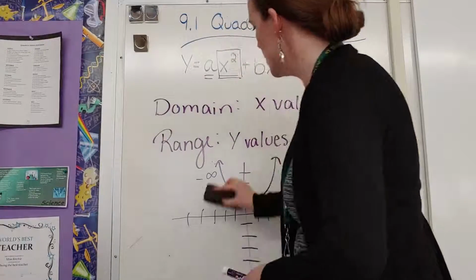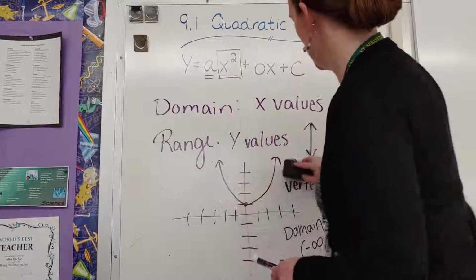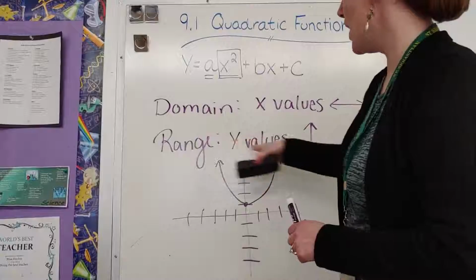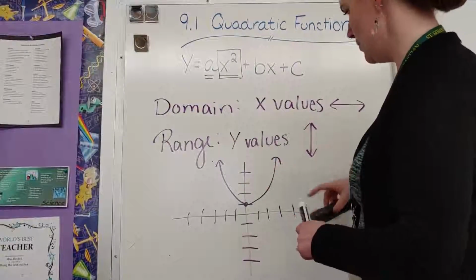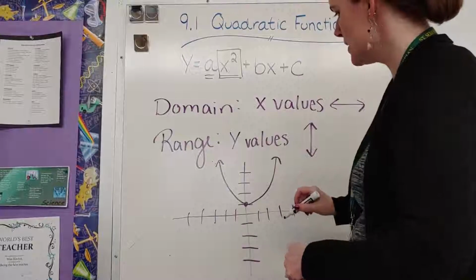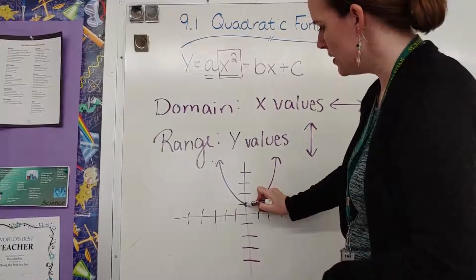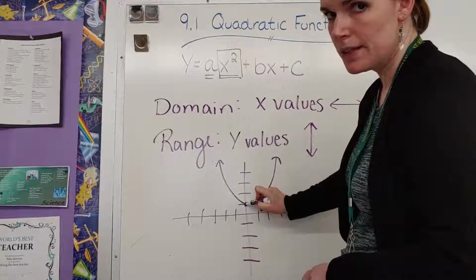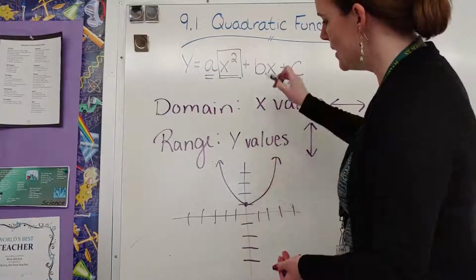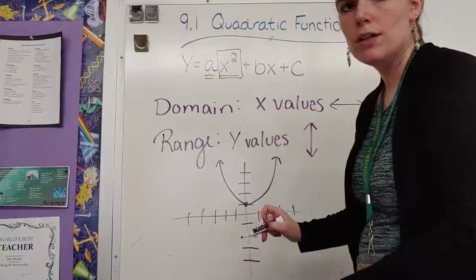Now, your range is the y values, or the up and down. So my range for this, my lowest point, this is my minimum, is a 1. My high point, it goes on forever.